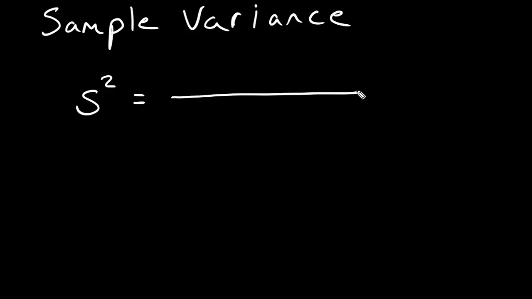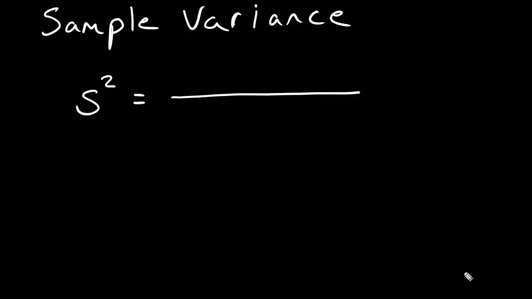The sample variance is very similar, but it is not the same. When we looked at the population mean versus the sample mean, the only difference was in notation. There was no difference in the way you calculate the mean. That is not the case with the variances.